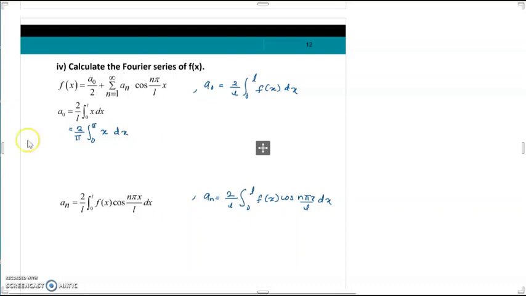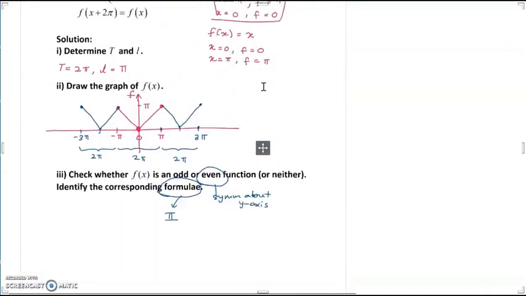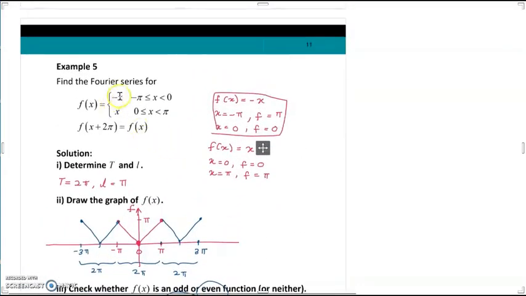You may want to look at this f(x) here. In general it is f(x), so in this case we have two functions of f(x). But the integral is from 0 to L, 0 to pi, so that's why we choose x rather than negative x.